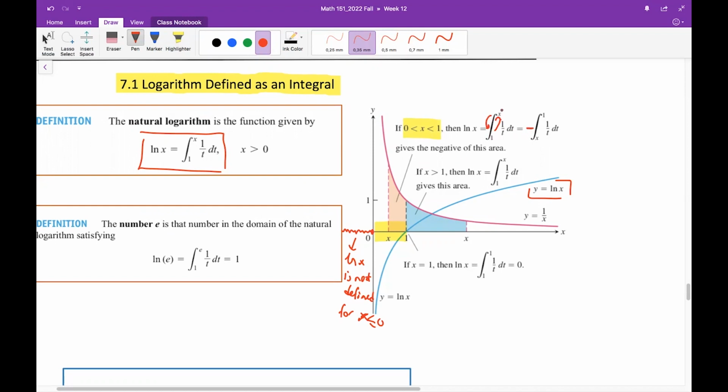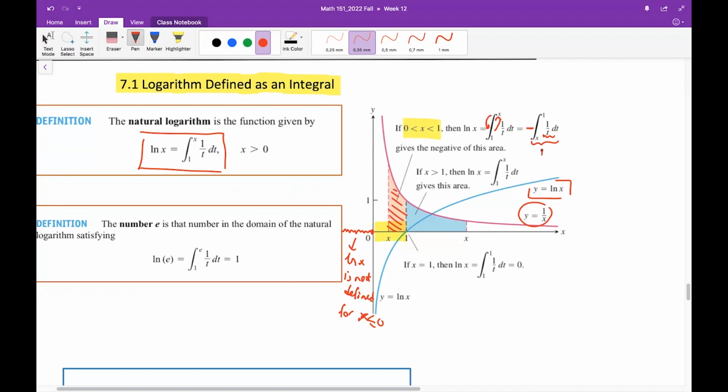So now what do we have? From 1 to x, integral of 1 over t dt, this is your 1 over t function, and you are integrating it here from x to 1, so it will give you the area under your curve. Your curve is 1 over t, here it is, and this integral is in fact the area of this red shaded part, right?